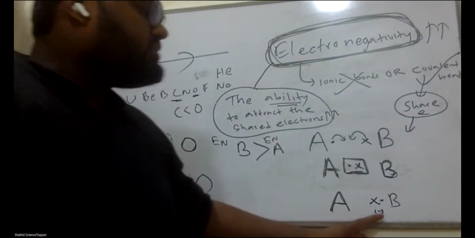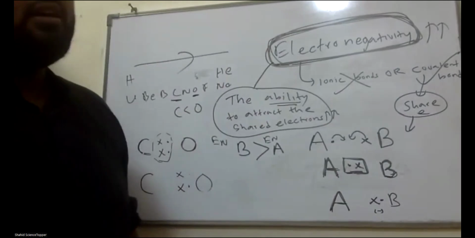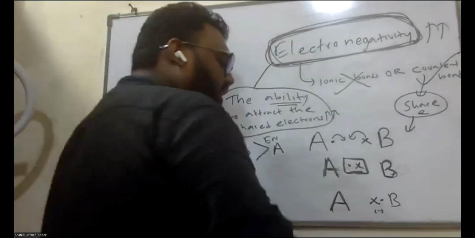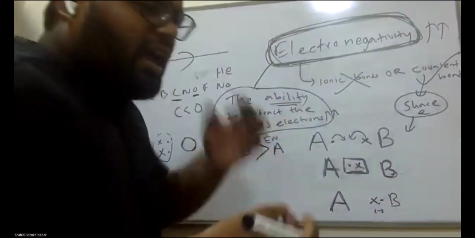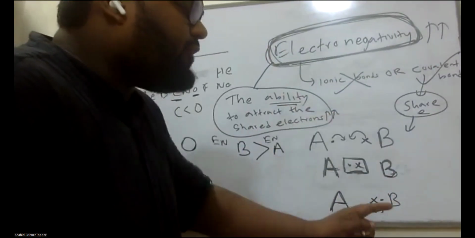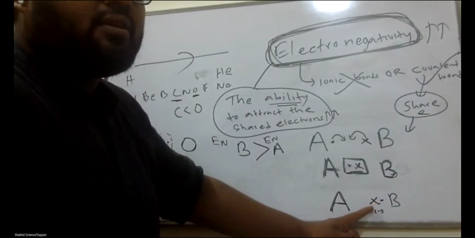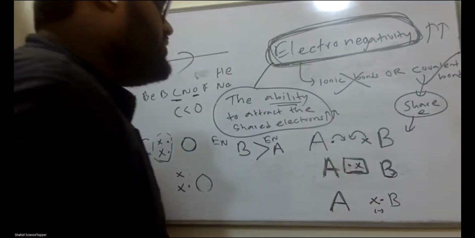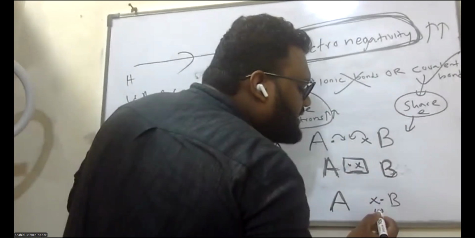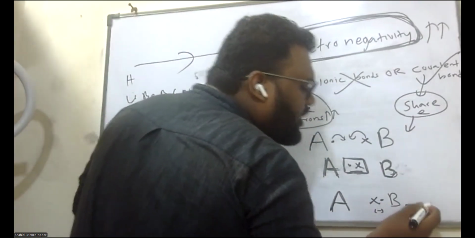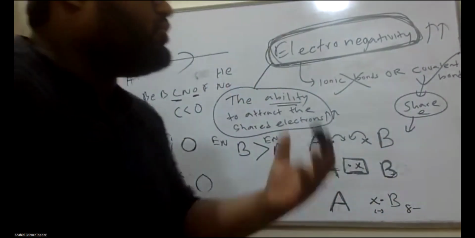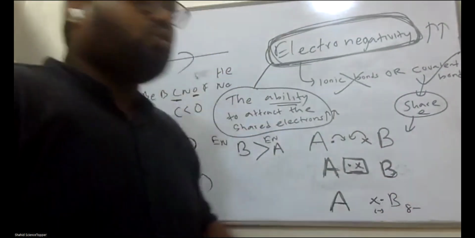So if the electron is coming closer to B, B will have a smaller effect of this electron. By getting closer to B, it will give a smaller amount of negative charge to who?